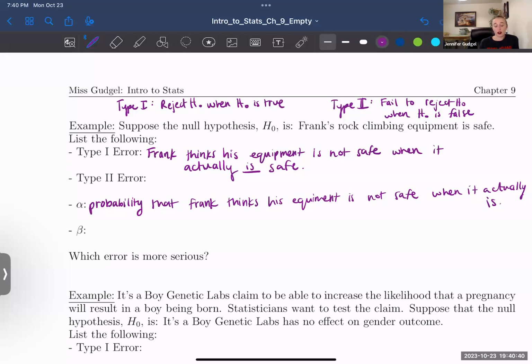All right, type 2 error would be when we failed to reject. Essentially, it's not quite the same thing, but just to kind of help us summarize, we're going to say his equipment is safe because we think it is safe if we fail to reject it. Frank thinks his equipment is safe when it actually is not.